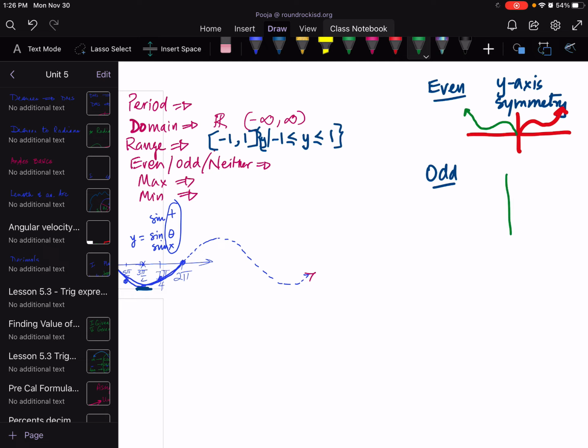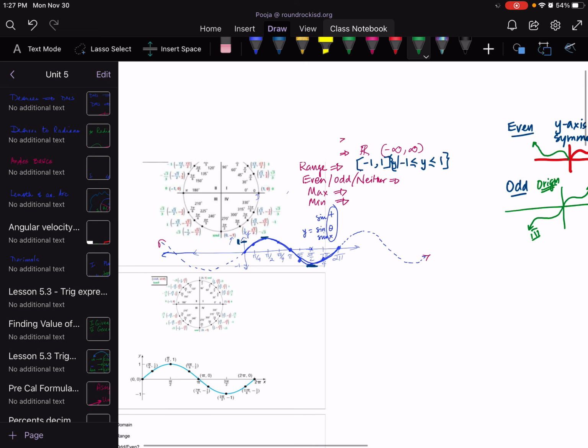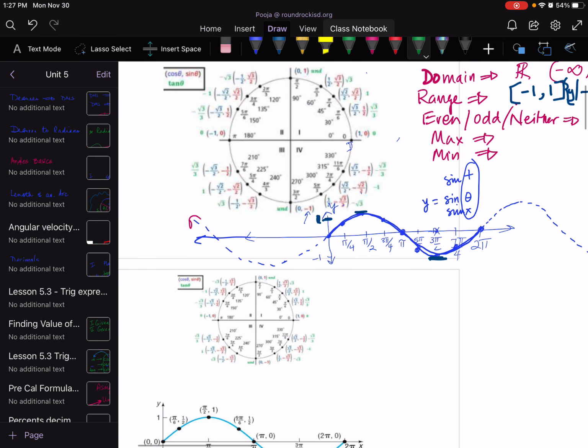Odd, on the other hand, if I have the same kind of stuff going on here in the first quadrant, then you'll see a reflection about the origin. That's the definition of odd functions, which means whatever's in the first quadrant, there will be a reflection of that in the third quadrant. So if you look at the sine function here, again, keep in mind this is your x-axis and this is your y-axis.